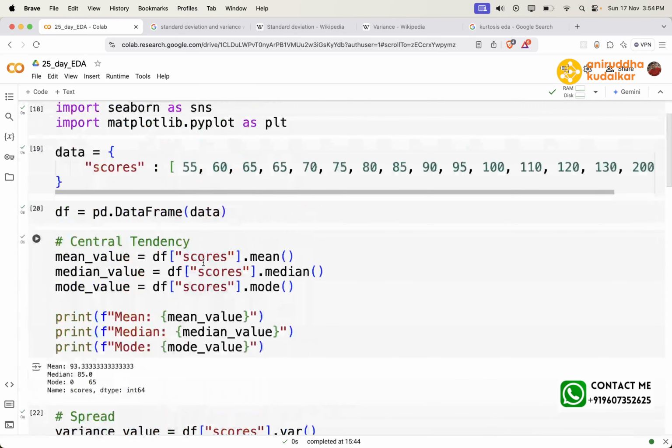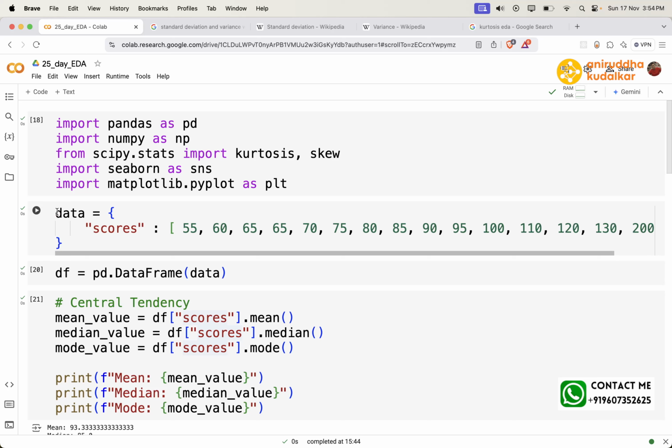Now, univariate means what? Can you see the data is having only a single attribute, score? So it is univariate, and statistics says that univariate analysis focuses on the single variable.